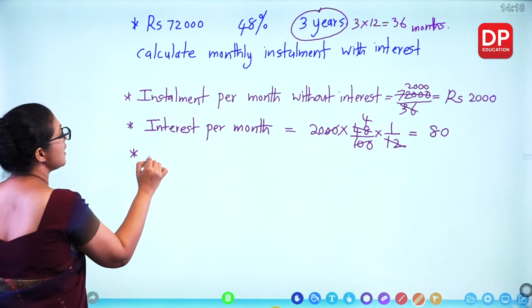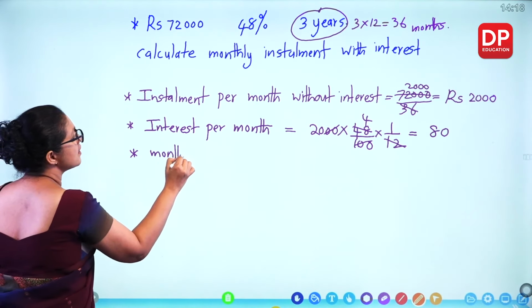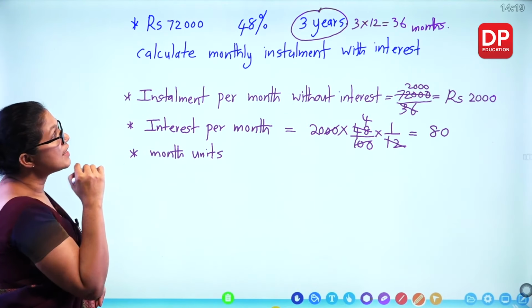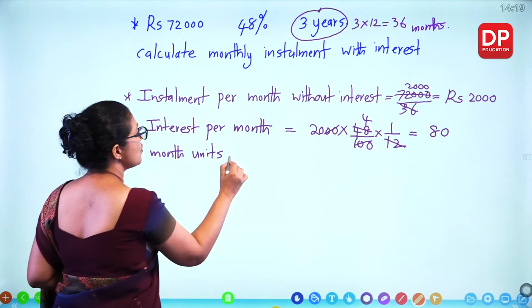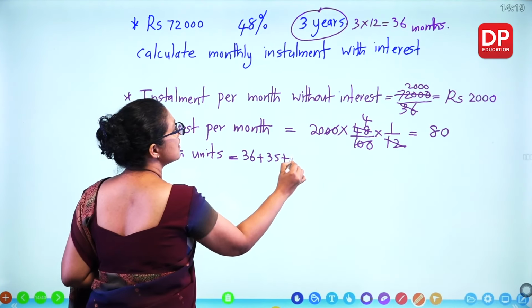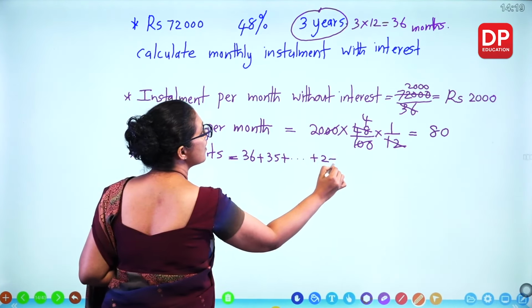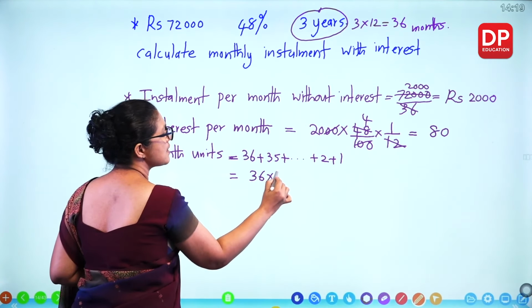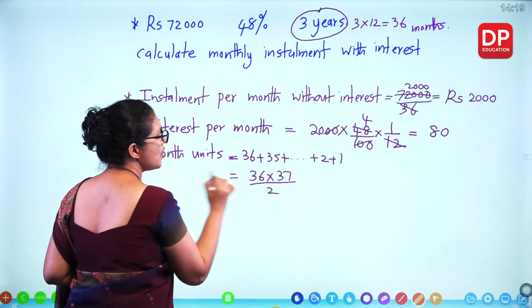Then what's the next one? We need to calculate month units. So this is about 36 months. So you have to take 36 plus 35 plus up to 1. So what's the easiest method? 36 times 37 divided by 2.